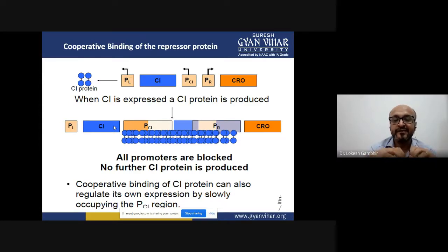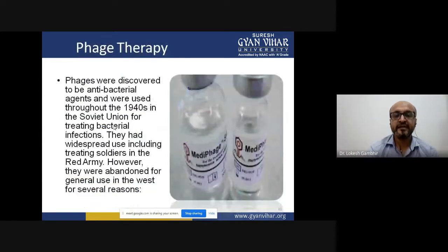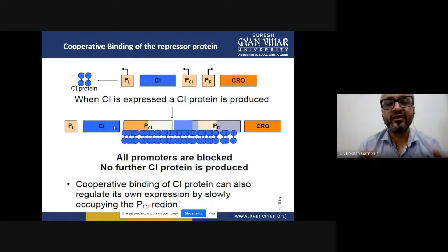That is the reason that after initial suppression of the lytic path, after some time, even the expression of C1 protein or the repressor protein lowers down or diminishes, because the initial C1 proteins which were formed occupy the promoter region, which is responsible for the expression of both lytic and lysogenic regulator switches. So that is how the complete regulation is going about.